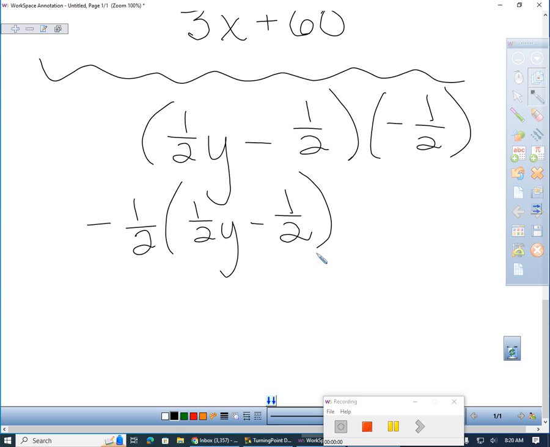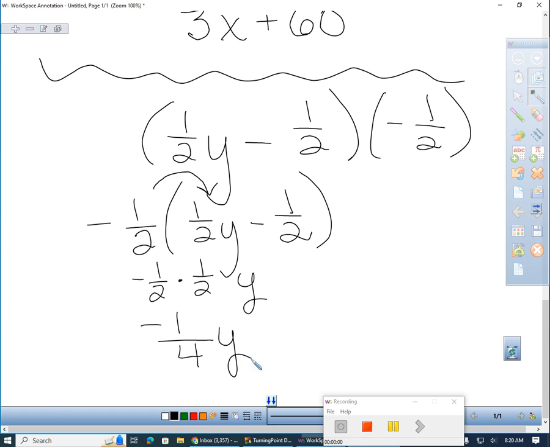Now we're going to go ahead and distribute. So I have -1/2 times 1/2 y. Is there anything there I can cross reduce? No. So I'm going to multiply across. -1 times 1 is -1. 2 times 2 is 4.